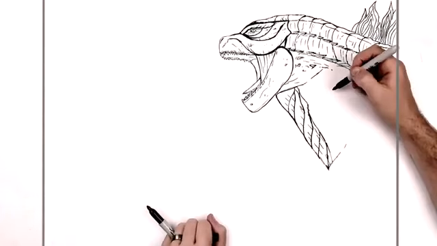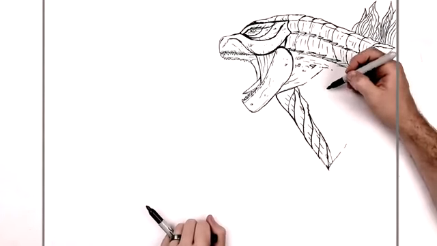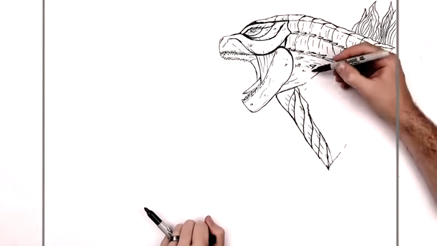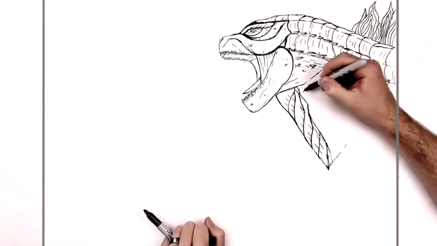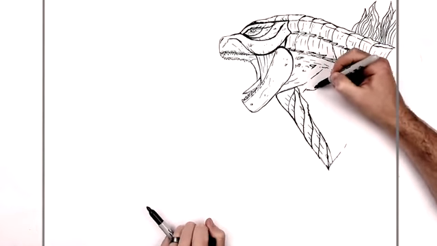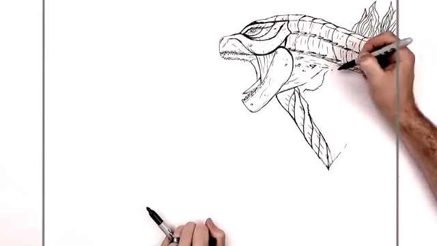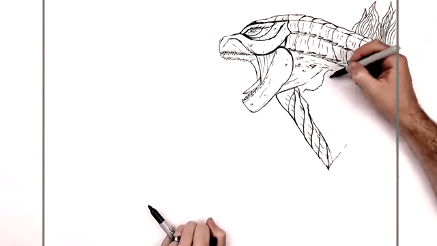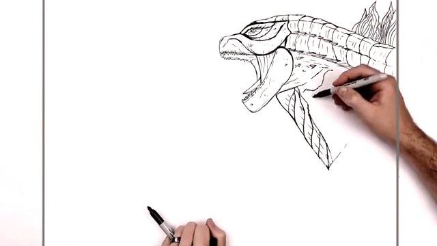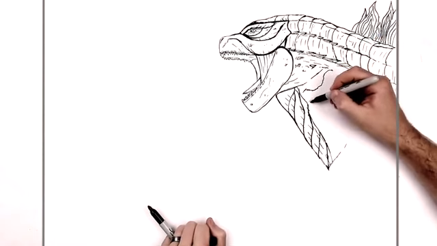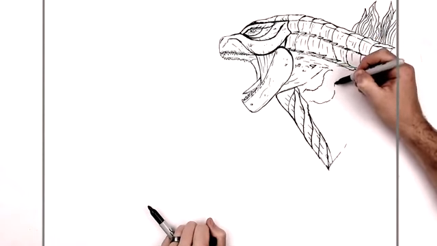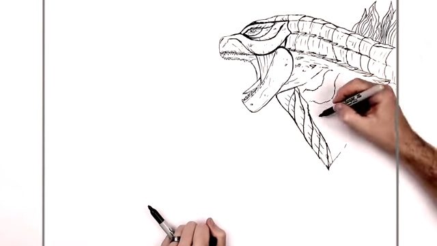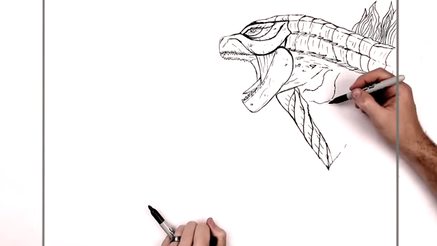Right, so then we have gills on the side of his face. These kind of come out and around here, and they're kind of bumpy along the bottom, like this. How many? 1, 2, 3, 4.